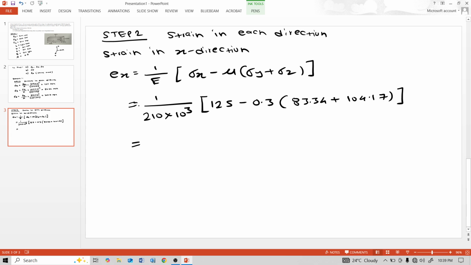Now calculate. Strain in X direction is 3.274 into 10 raised to minus 4.